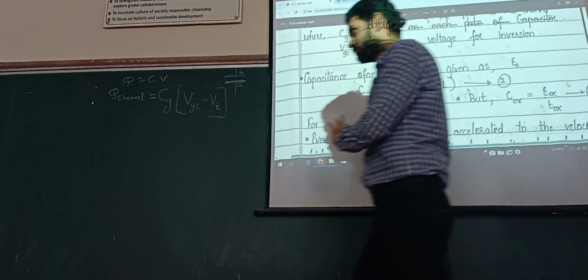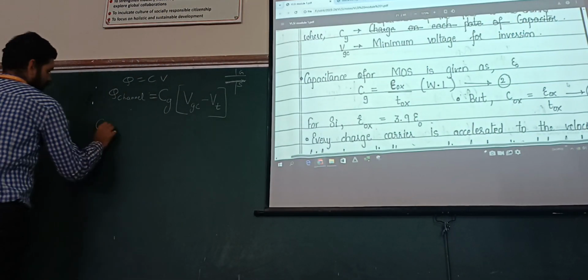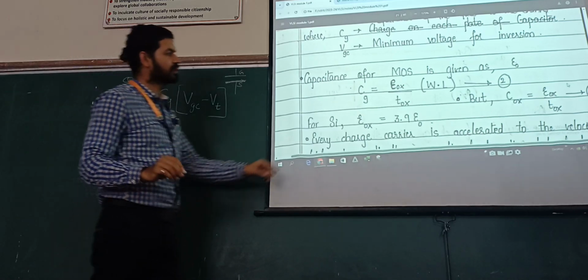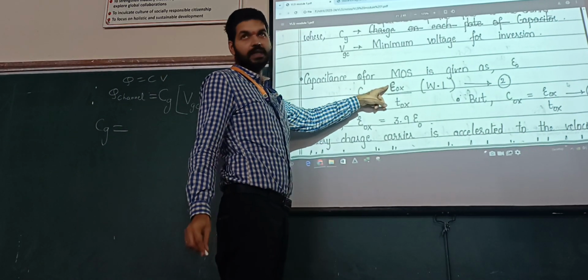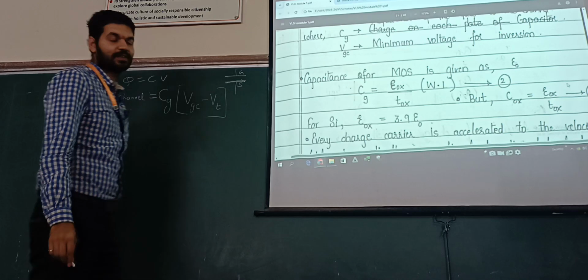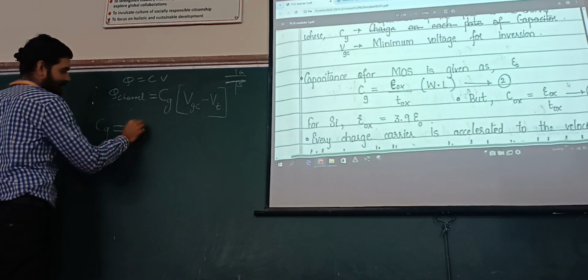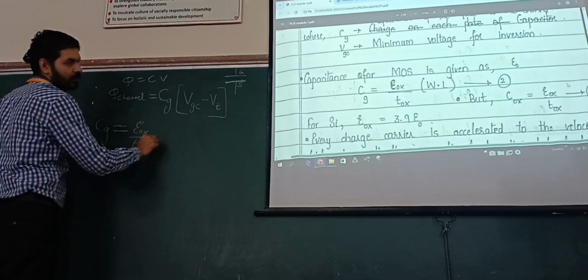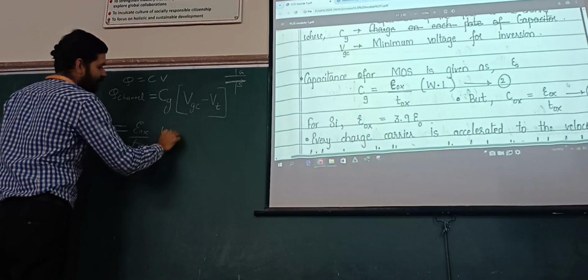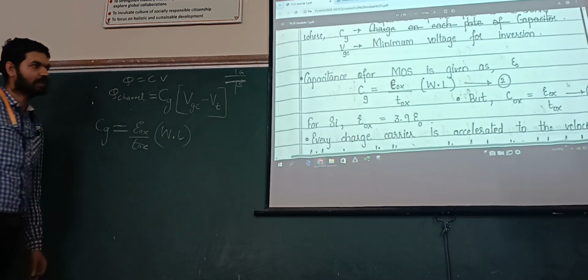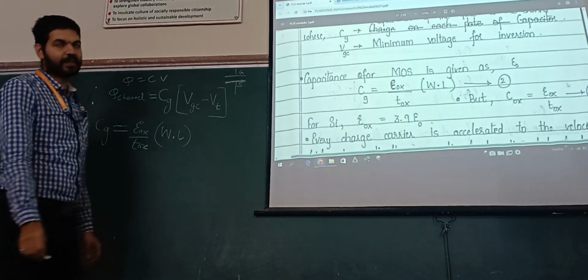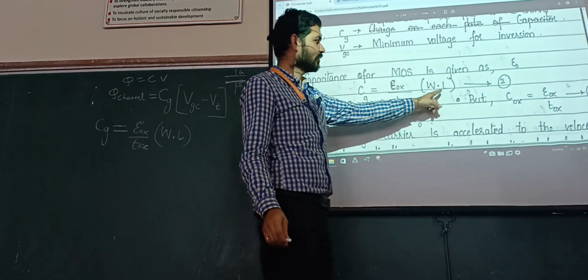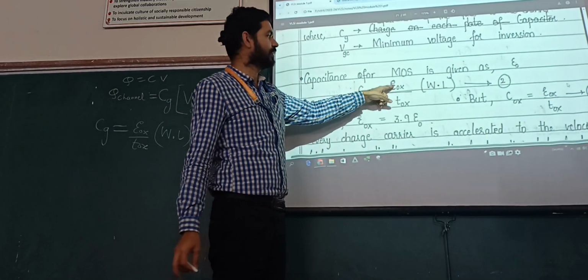Next, Cg. Cg is what? This is permittivity. You would have learned all this in physics or in your PUC. Cg is epsilon by T-ox into W into L. What is W and what is L? Width of the MOSFET, length of the MOSFET. This is permittivity.